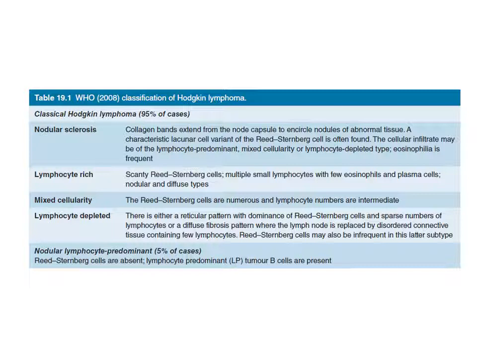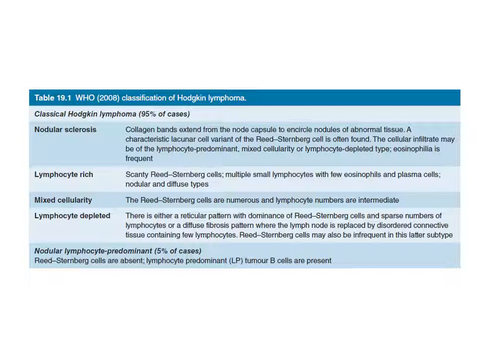So this lacunar cell is also a variant of the Reed-Sternberg cell. The cellular infiltrate may be of the lymphocyte predominant, mixed cellularity, or lymphocyte depleted type. Eosinophilia is frequent. These are features of nodular sclerosis.